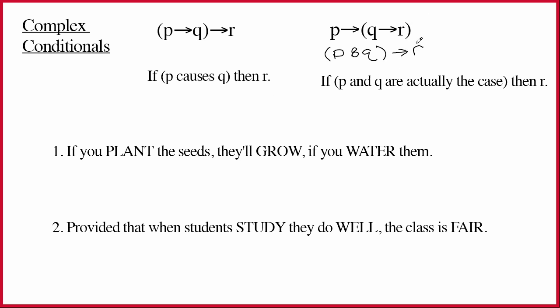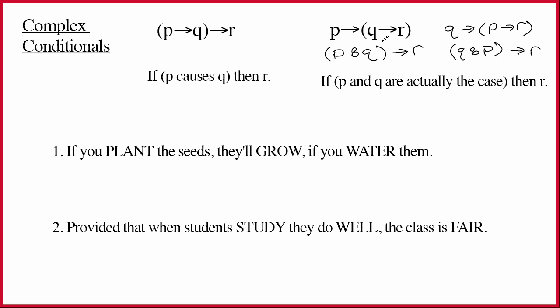Now, another point before we go below and do some examples here, and that is that if these two formulas are equivalent to each other, well then there's two other things that are equivalent. We know that the ampersand is commutative, so it shouldn't be any surprise that Q ampersand P arrow R is also equivalent to both of these. But then thinking back to the one above, it also means that the order Q arrow P arrow R is acceptable.